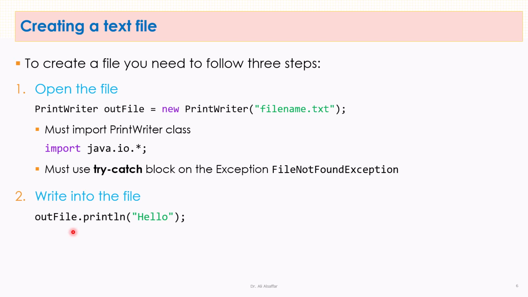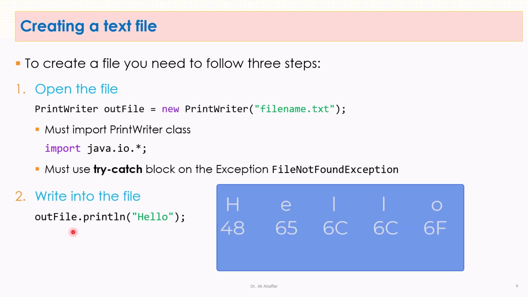Notice that what we are saving into the file are in fact strings. And you know how strings are represented inside the memory. Each character is represented by its corresponding ASCII code. So therefore, if we want to save the word hello, we are going to save it with 5 bytes. Each byte will be the corresponding ASCII code of each letter of the word hello.